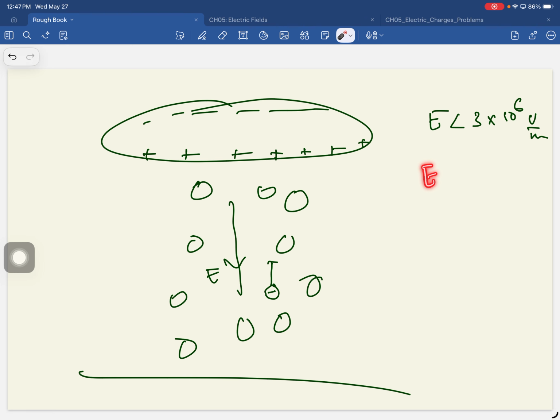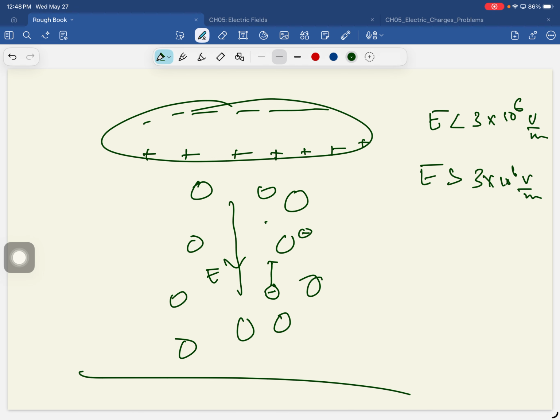If the electric field is greater than that, the electron gets enough energy that when it collides with a molecule, it'll knock off electrons. These speed up and knock off more electrons. As soon as you reach that critical value, you start knocking electrons off air molecules.